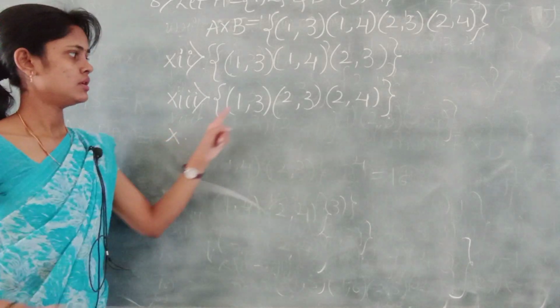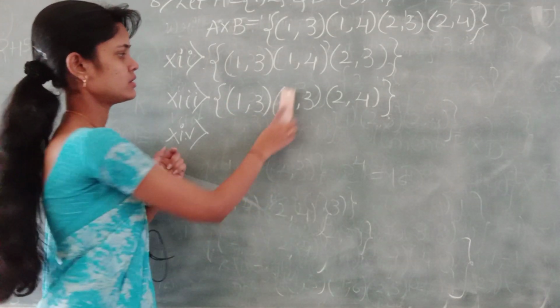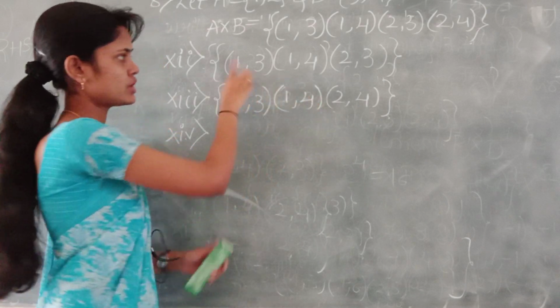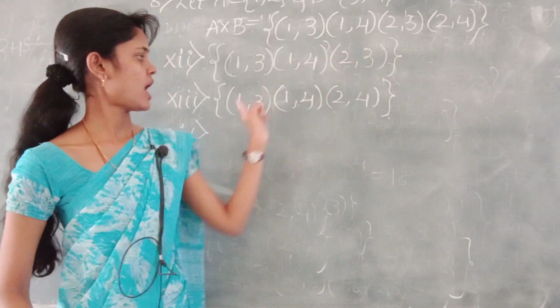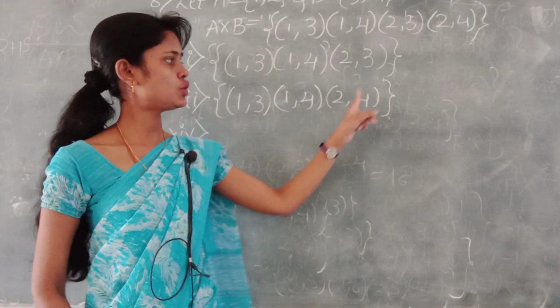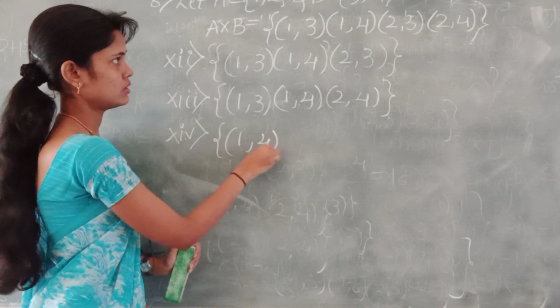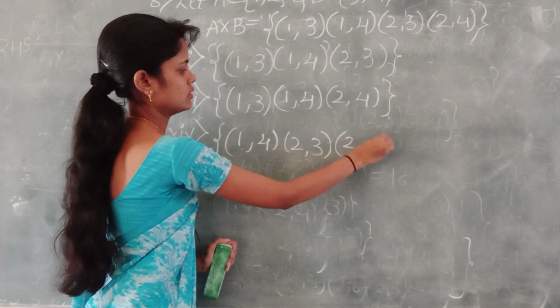Then what will be next? Here it is 1, 3, 1, 4, 2, 4. Sorry, consider 1, 3, 1, 4, 2, 3 and 1, 3, 1, 4, 2, 4. Next is 1, 4, 2, 3, 2, 4.